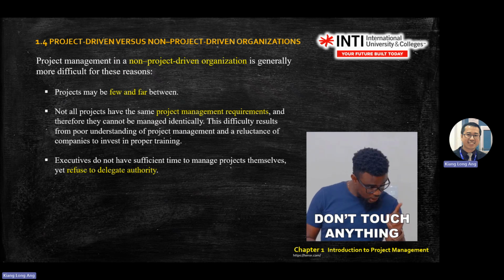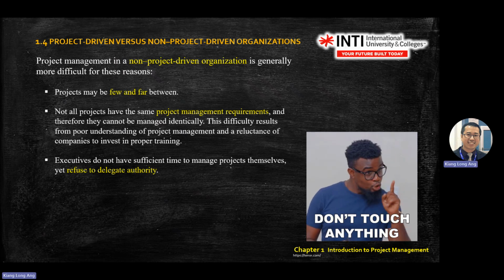So for a non-project-driven organization, normally they have boundaries. When you want to use my thing, you have to talk to me and so on. But project-driven is like an open concept because you focus on projects.